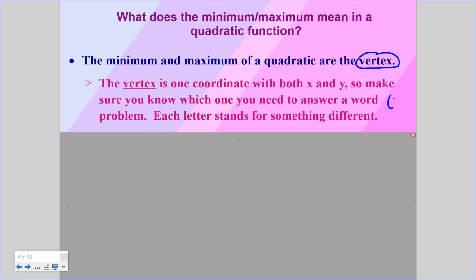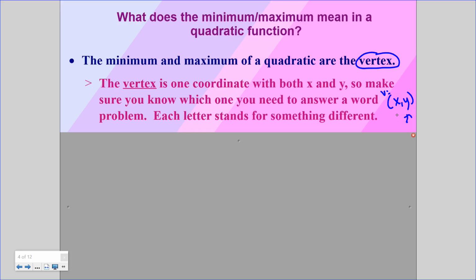So if you've got your vertex as the point x comma y, what I mean here is that a highest point on that parabola will have a time it took to reach that high point, and will have an actual height. And so x might represent your time while y represents your height. And so if the question is asking you to analyze what the highest point is, well, then you would want the y portion of your vertex.